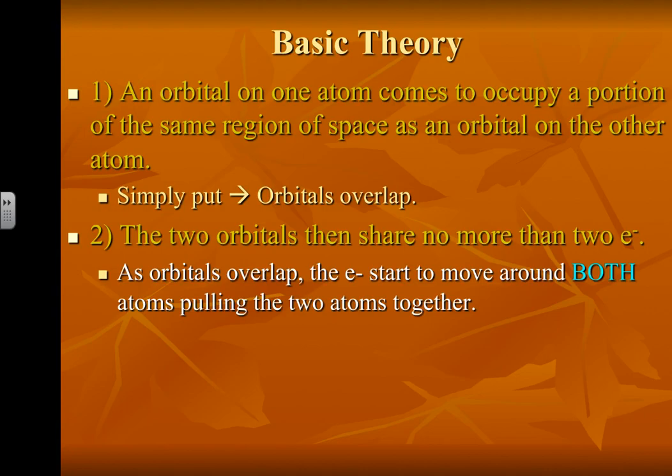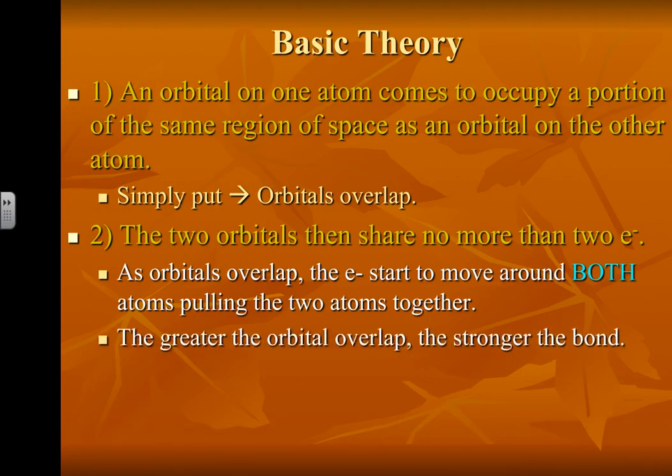And our moon orbits us, and then it goes and orbits Mars, and then it comes back and orbits us again, almost doing a figure eight around our two planets. If the moon is considered to be electrons, and that is what's bonding us and Mars together, then that's a description of what we're talking about right now, that these electrons actually do move around both atoms, and that is what acts to pull them together. The greater the orbital overlap, the stronger the bond. Okay, that should make a little bit of sense. The greater the overlap, the stronger the bond.